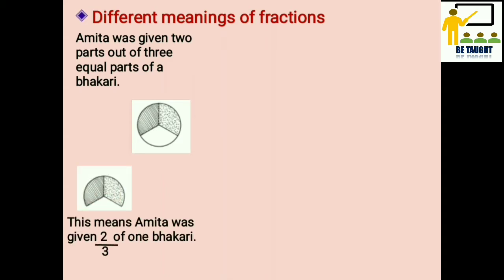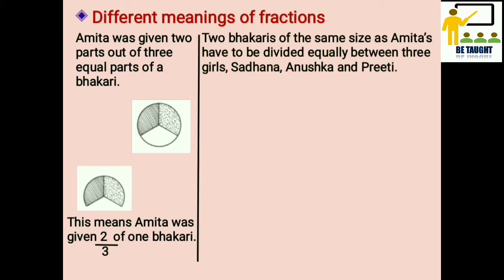This means Amita was given 2 upon 3 of 1 bhakri, as you can see in the picture. 2 bhakris of the same size as Amita's have to be divided equally between 3 girls: Sadhana, Anushka and Preeti.